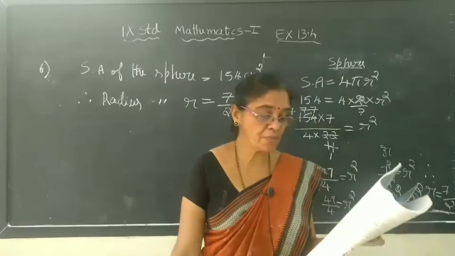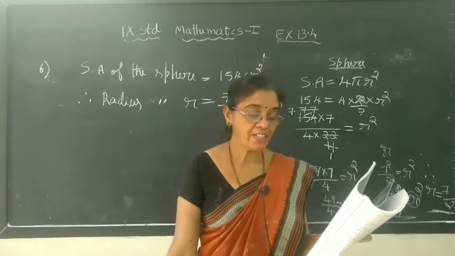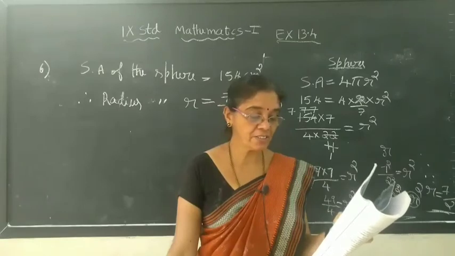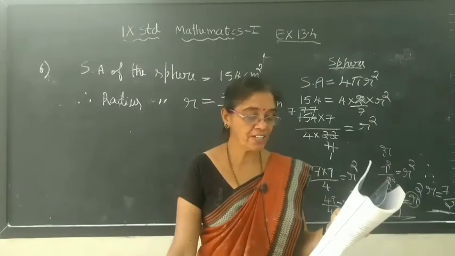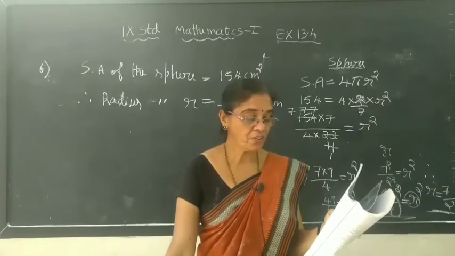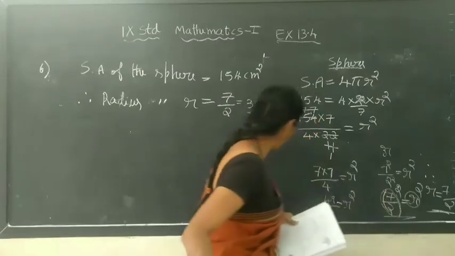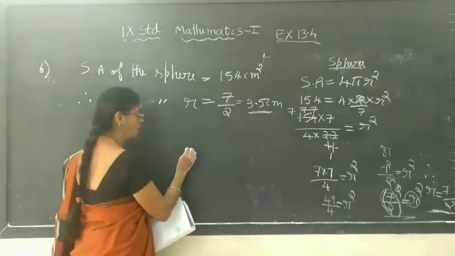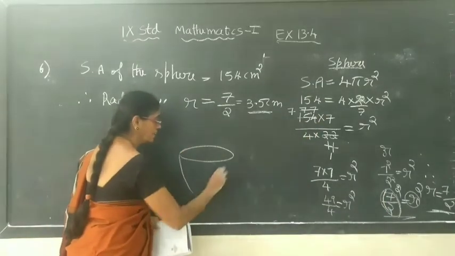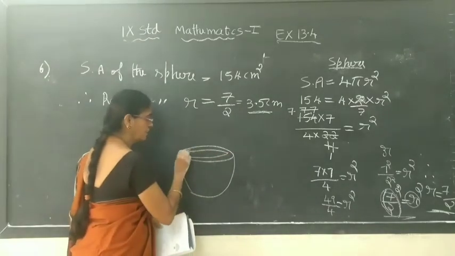Eighth problem, just think. They have given the thickness of one hemispherical bowl as 0.25 and the inner radius as 5 centimeter. Your work is to find the outer curved surface area of the bowl. Children, if you have a bowl like this way, it has got thickness.